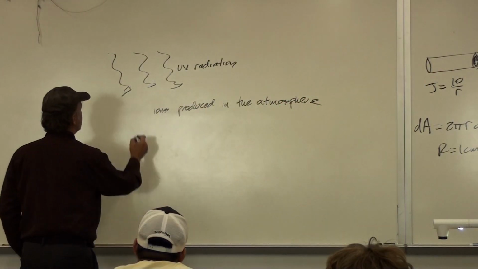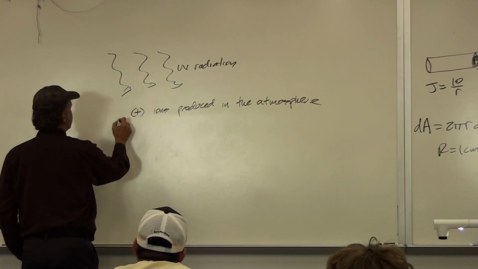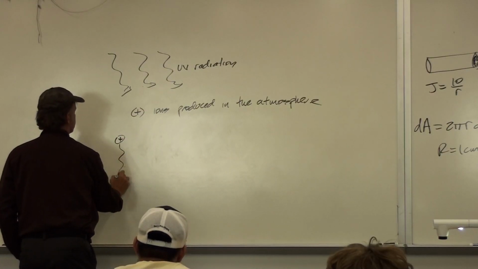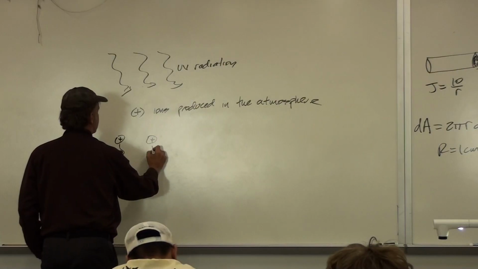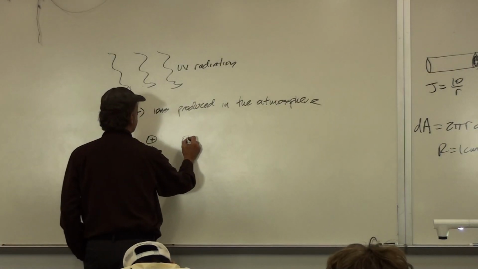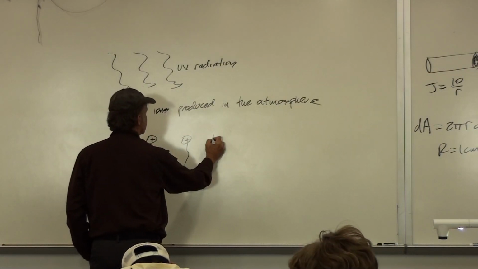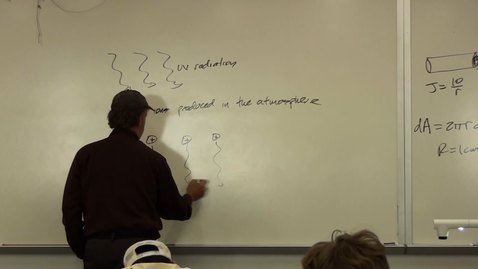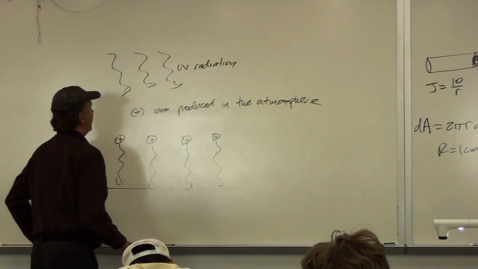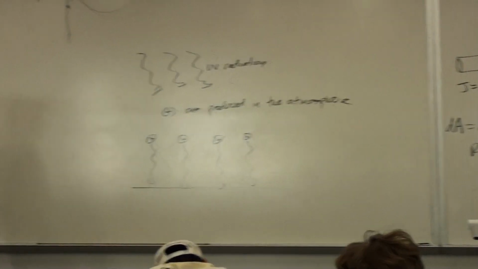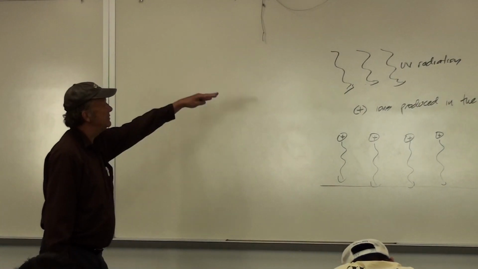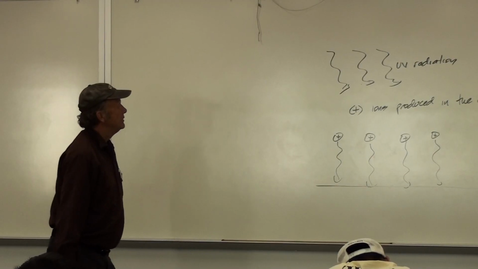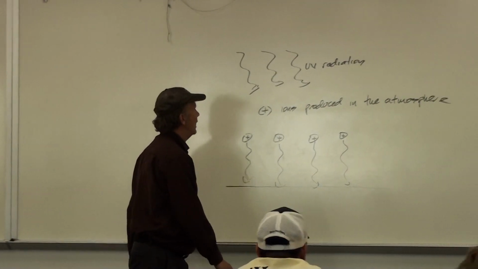And these positive ions tend to drift down toward the surface. So the electrons are knocked off, and so the positive ions make their way down toward the surface. And so we have this net flow of positive charge caused by UV radiation.